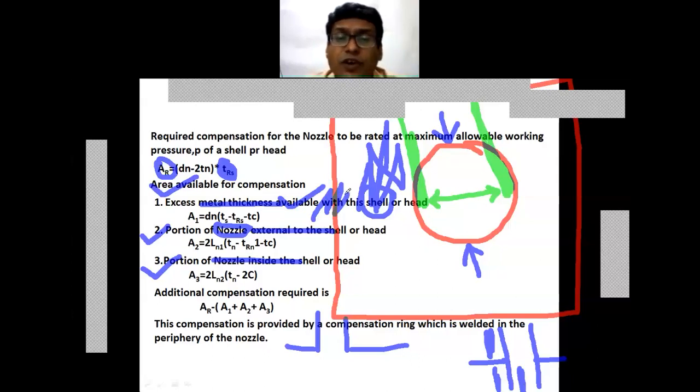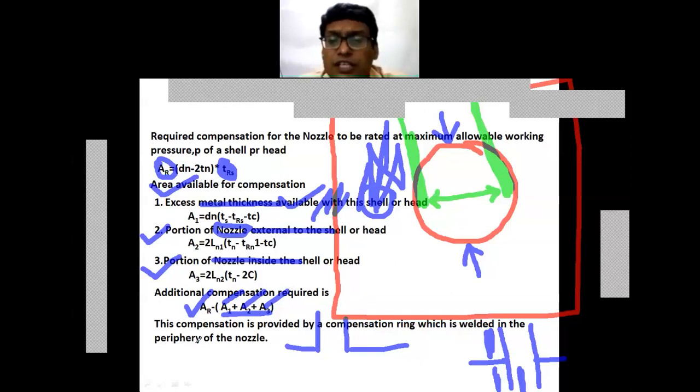And that is why we are taking out the three areas directly. So total area removed minus the excess metal available with the shell, the excess metal due to the nozzle outside the shell, and the thickness available due to the inside of the nozzle. These three areas are already available.